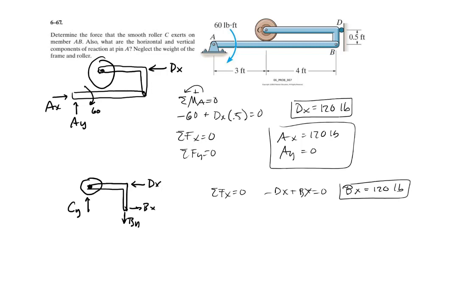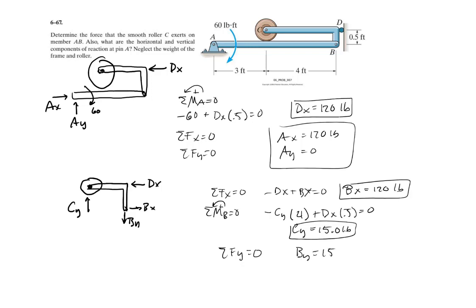I'll do sum of the moments about B is equal to 0. In this case, I got minus Cy times this lever arm, which is 4, plus Dx times 0.5 is equal to 0. So here I got Cy is equal to 15 pounds. Oh, and now I'm getting someplace. Then sum of the forces in y is equal to 0, and I can find that By is equal to 15 pounds. Okay, so now we've got all of the components defined.